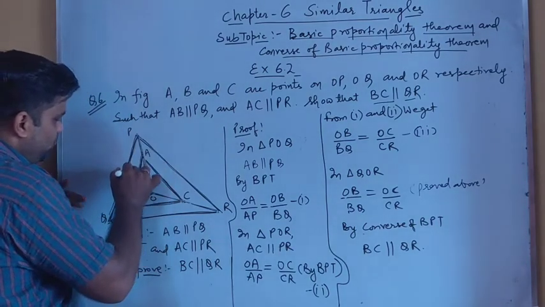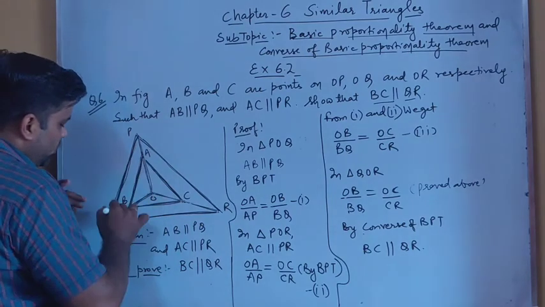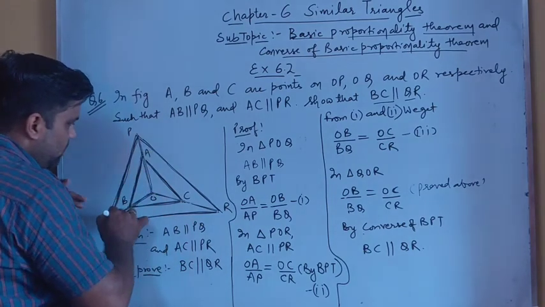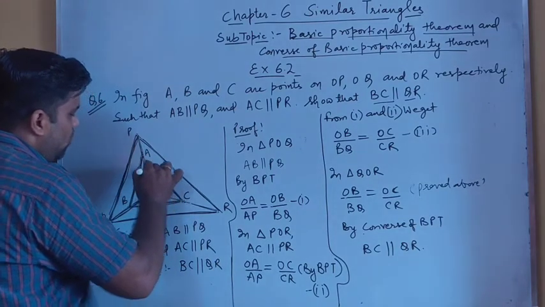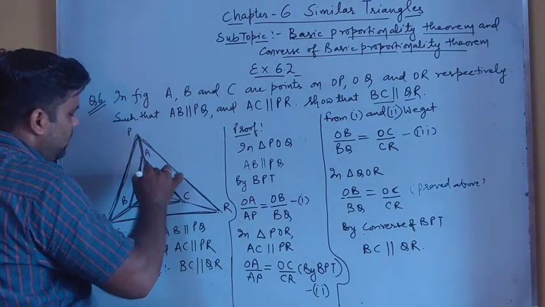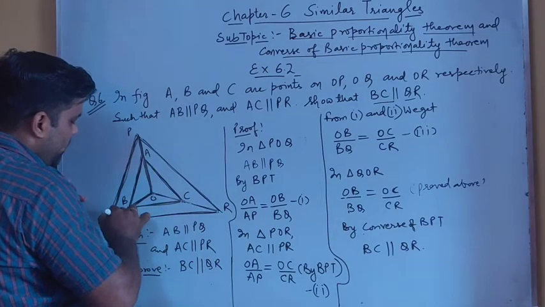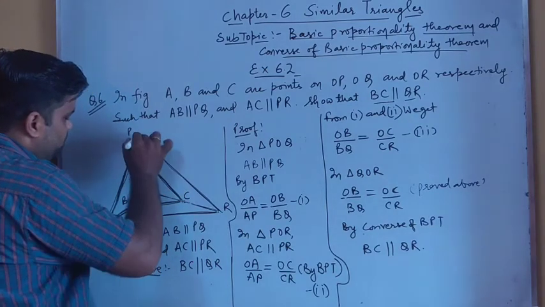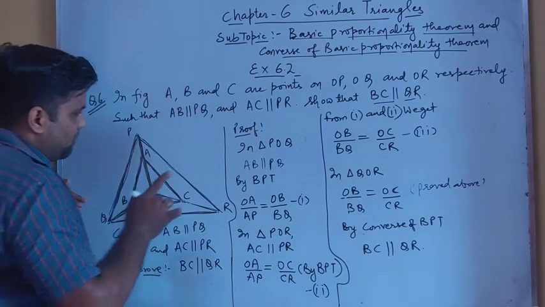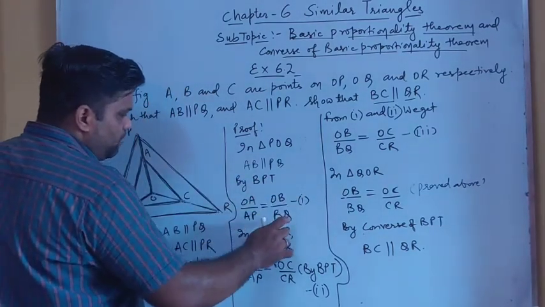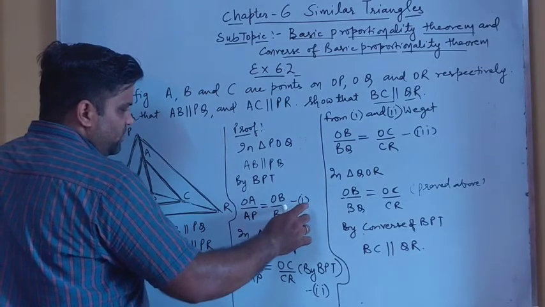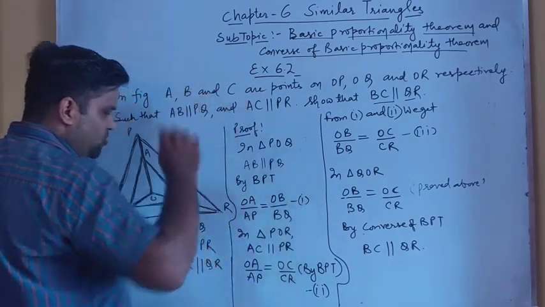is parallel to PQ. So we can look in the triangle POQ. In this triangle, AB is parallel to PQ. So by basic proportionality theorem, we write OA by AP equal to OB by BQ, and we say it is first equation.